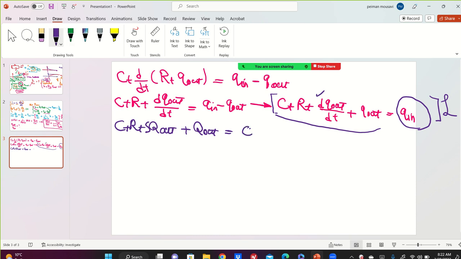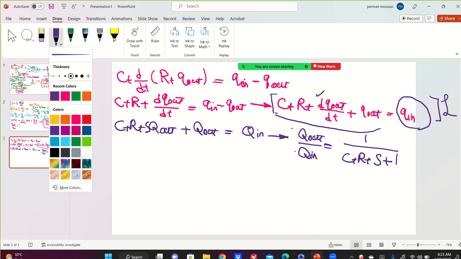Simply saying that Q out over Q in, output over input, is 1 over CT RT S plus 1.